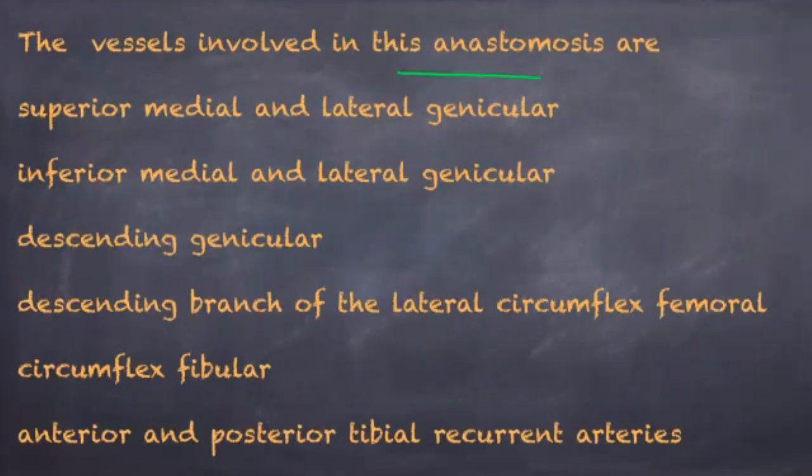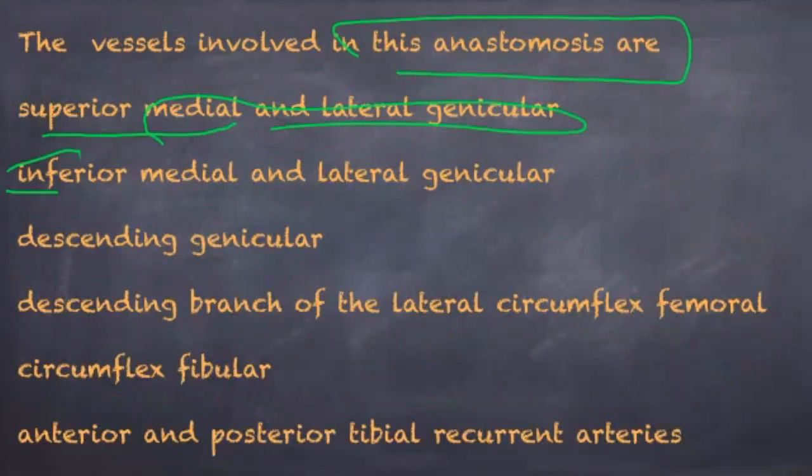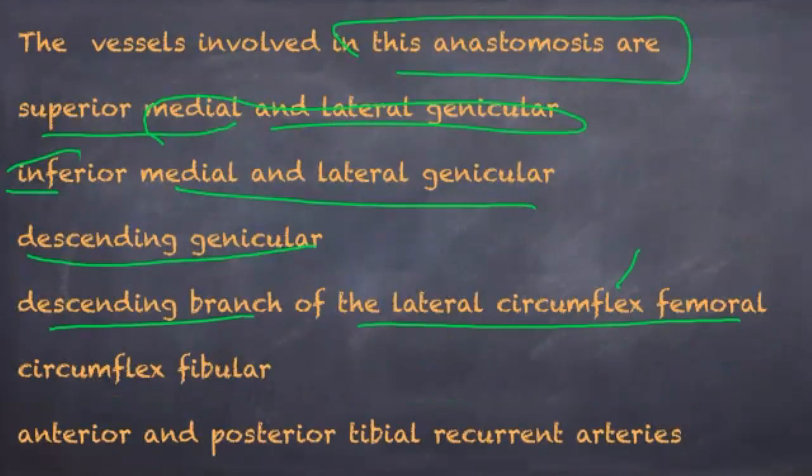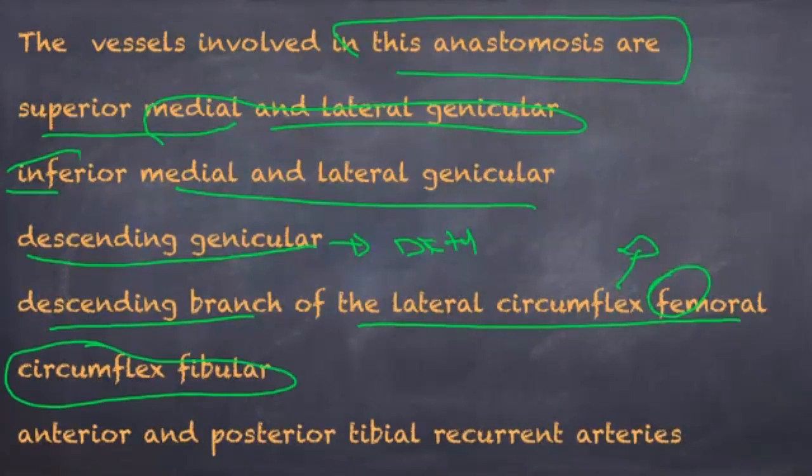The vessels involved in this anastomosis are the superior medial and lateral genicular arteries, the inferior medial and lateral genicular arteries, the descending genicular, which is the descending branch of the lateral circumflex femoral artery, a branch of the femoral artery, the distal branch if you remember, the circumflex fibular artery, and the anterior and posterior tibial recurrent arteries.